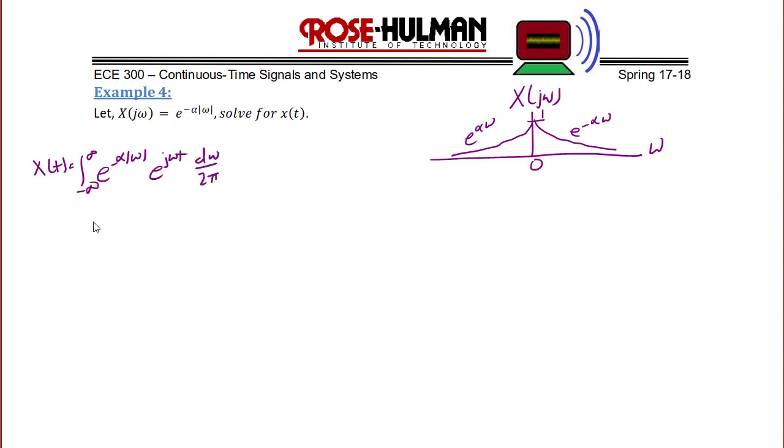And since we have two different functions, we can split this into two integrals. So we have an integral from minus infinity to 0 of e to the (alpha plus jt) omega d omega over 2 pi, plus the integral from 0 to infinity of e to the (negative alpha plus jt) omega d omega over 2 pi.